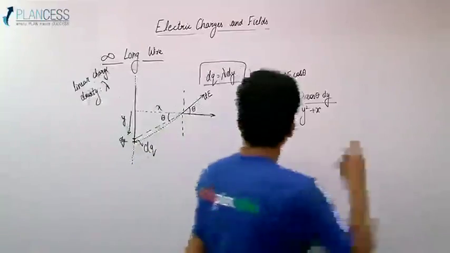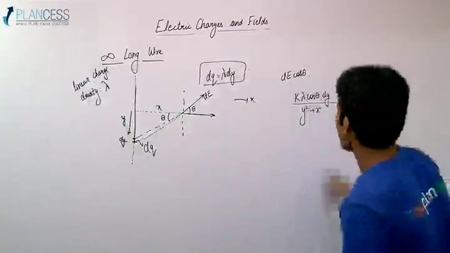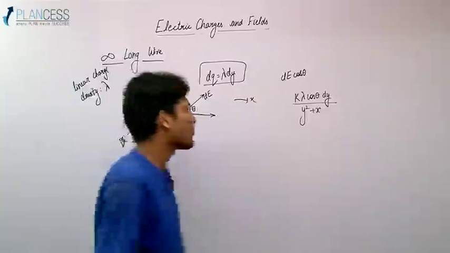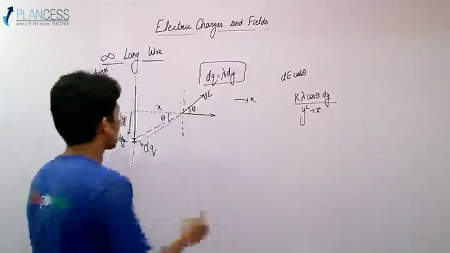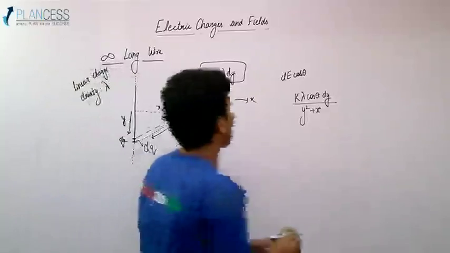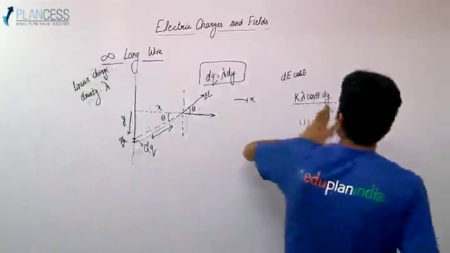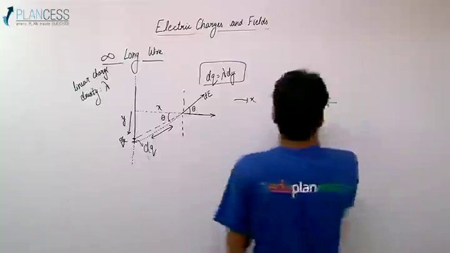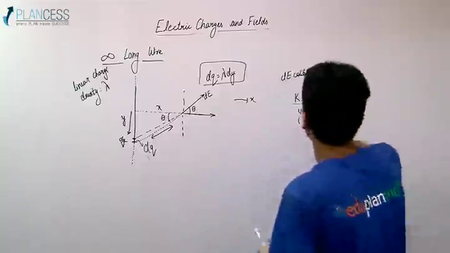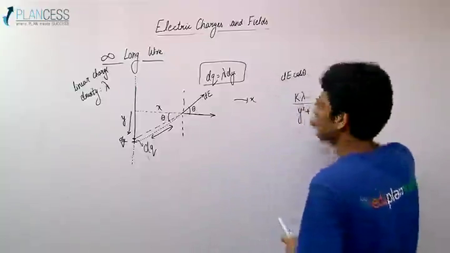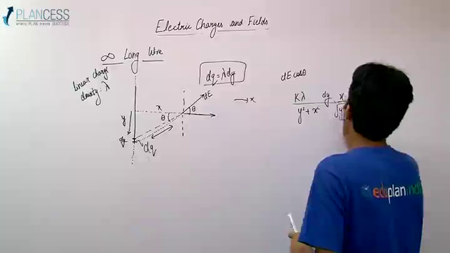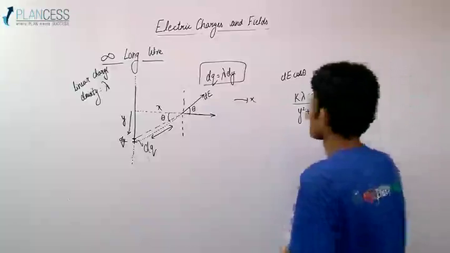Now we can either substitute the value of cos theta, or the value of y square plus x square, which is the square of this distance. Let us solve it in y square plus x square only. We can write cos theta as x upon root over y square plus x square.